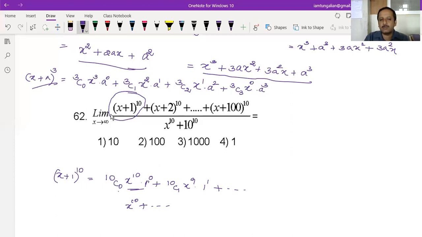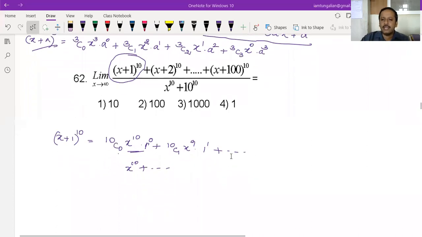Did you understand this step? In the expansion of (x + 1)¹⁰, you are going to get a polynomial of degree 10 where the coefficient of x¹⁰ is 1. Okay, all of you understood?